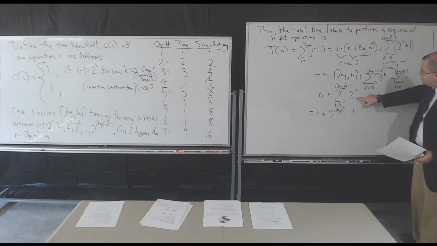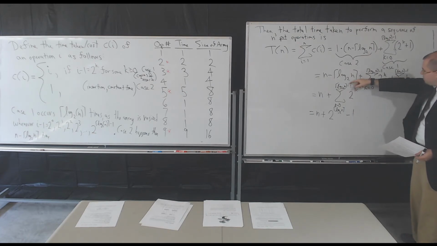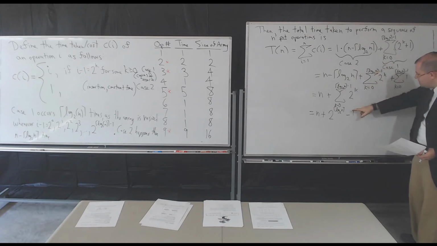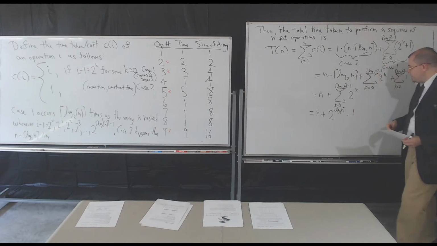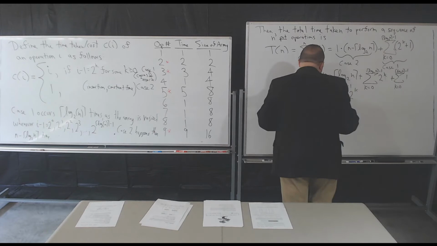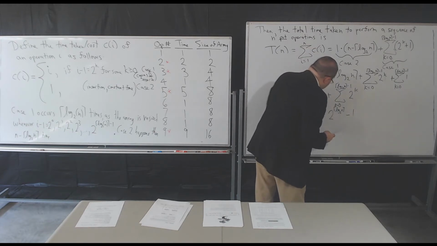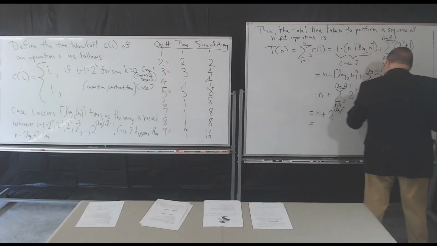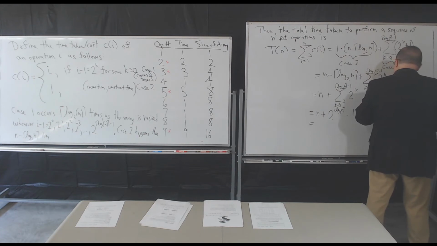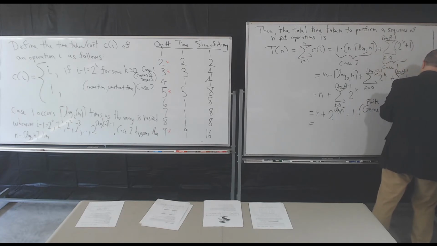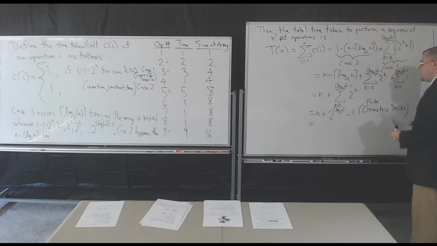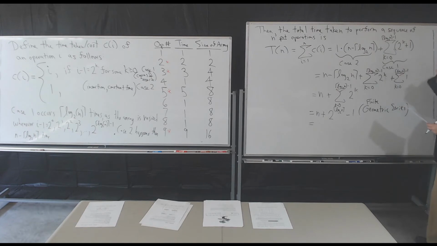So this is simply the exponent, the upper limit plus 1, and I just need to minus off that 1 there. Okay? So that's just me using the geometric series, so I'll just mention that here. So this is the finite geometric series, right there.